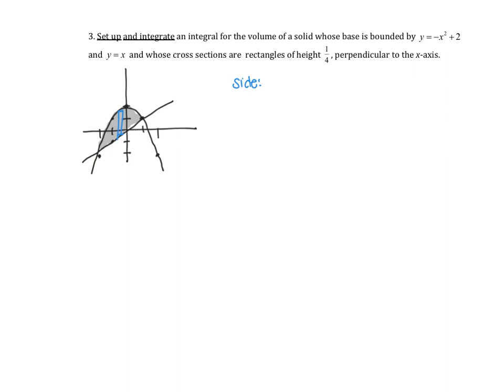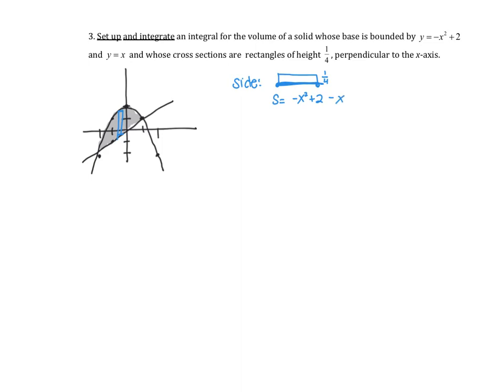So remember, our side length of this rectangle, if we picture this rectangle here, this is the part that's on the shaded region, and we know the height is 1/4, so keep that in mind. But I want to find this side length. And we know the side needs to be the top minus the bottom. So this side here would be negative x squared plus 2 minus x.